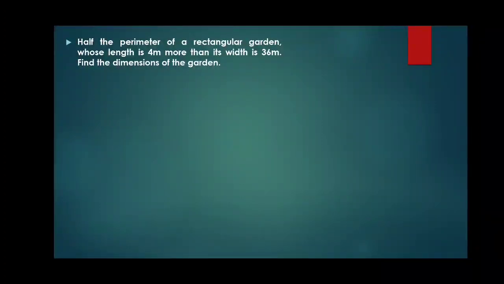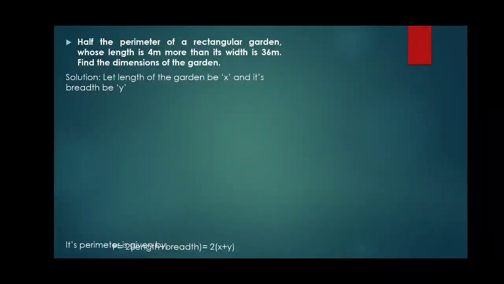So first let us represent this situation algebraically, because we are supposed to find the length and width of the rectangular garden. So solution: let length of the garden be x and its breadth, or width, you can say either, be y.